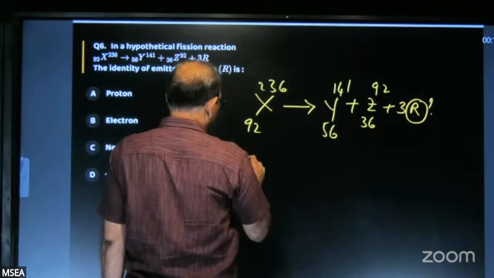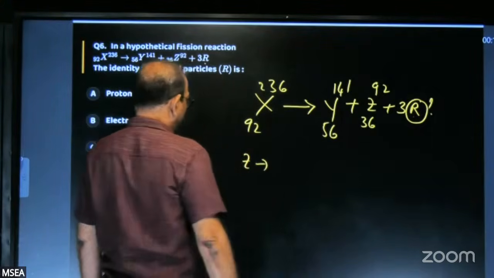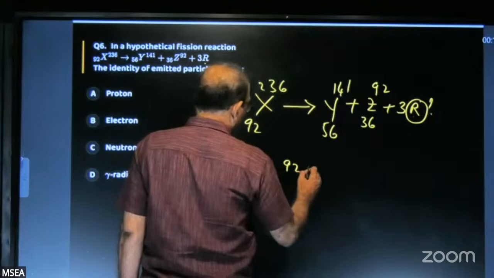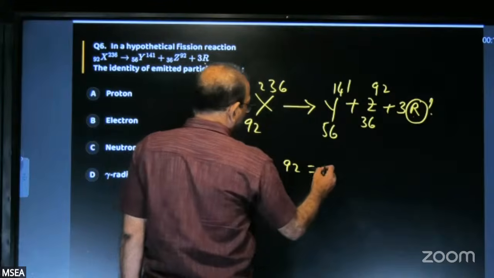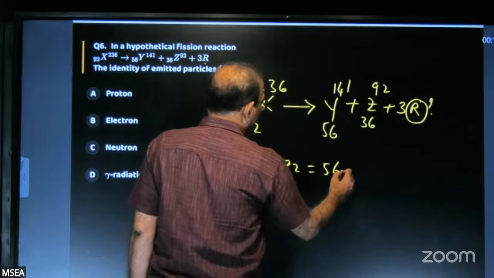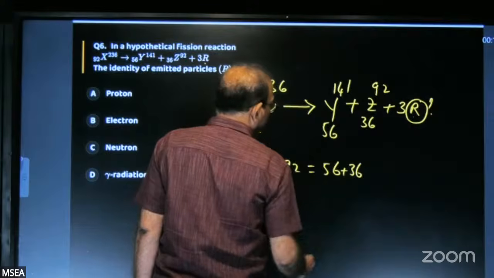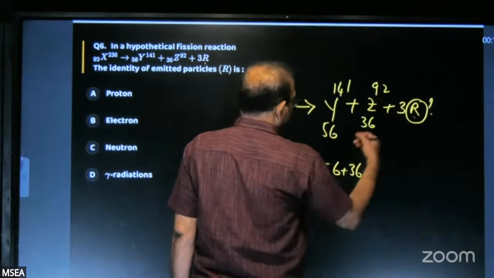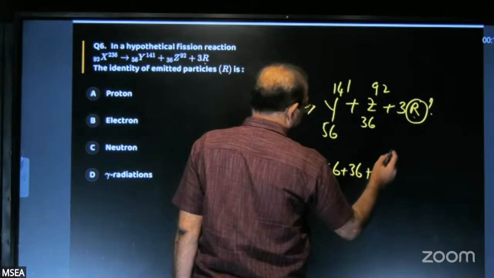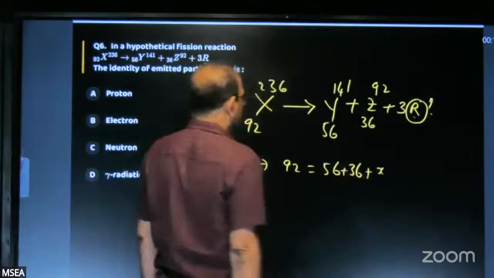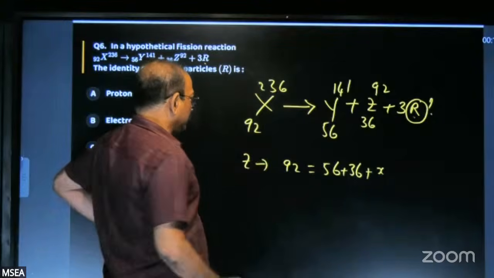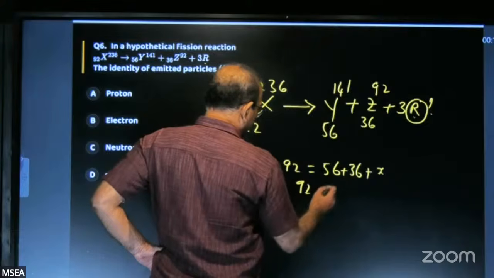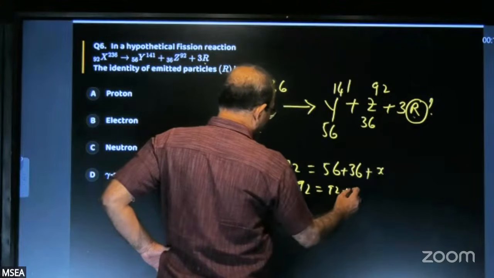So first, conservation of atomic number Z I am doing. Here 92 equals 56 plus 36 plus this R, which is a nucleus whose atomic number is some X. Then let us find this X. 92, 56 plus 36 is 92 only, no?